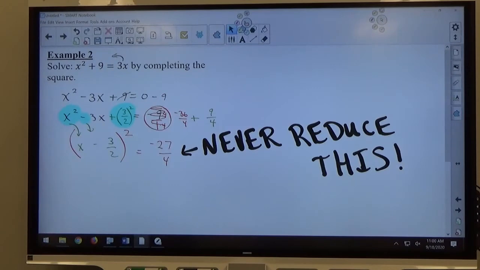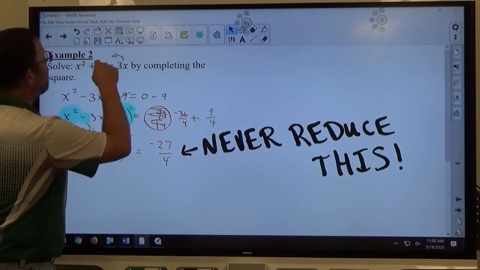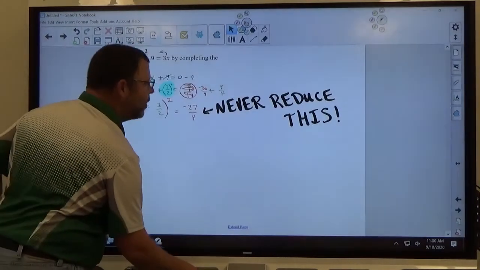You wouldn't be wrong if you reduced it, you just make the problem like 55,000 times harder. So don't ever reduce that fraction, ever. Okay? I like that pen. I'm going to use it more often. It's my emphasis pen.